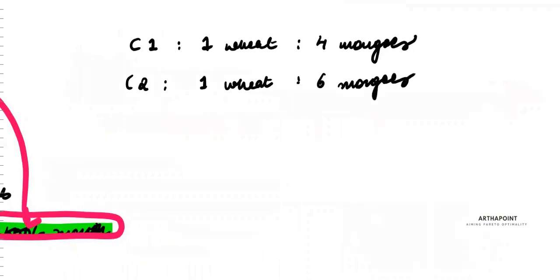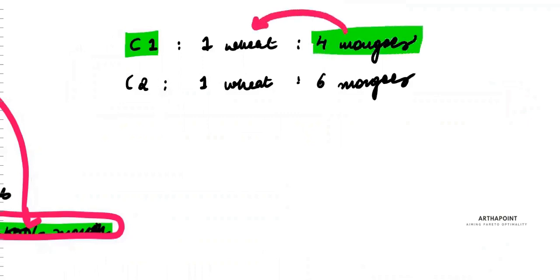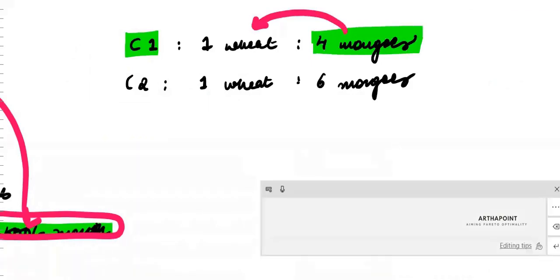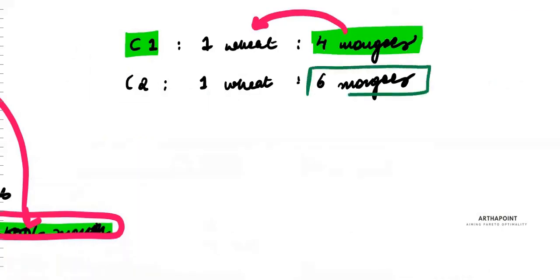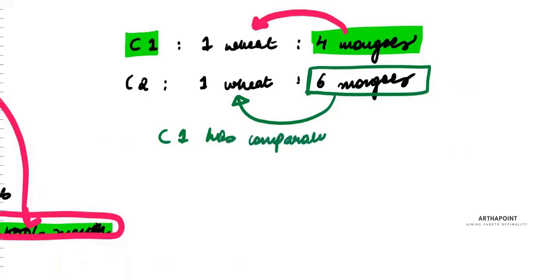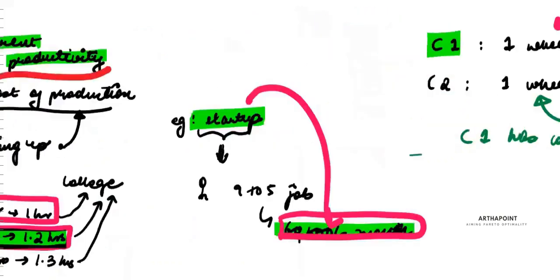So country 1 has to give up fewer mangoes when it produces 1 unit of wheat, whereas country 2 has to give up more mangoes. So we can say that country 1, in comparative terms, has a comparative advantage over country 2.